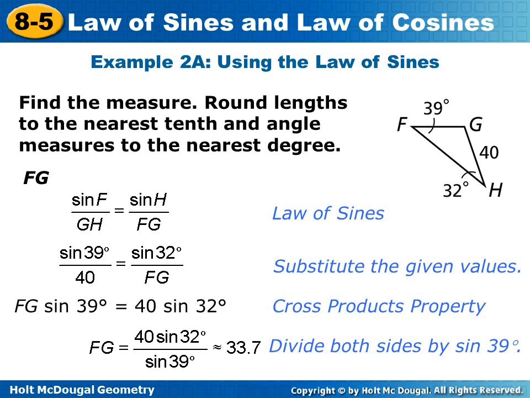Go ahead and plug that whole mess in your calculator. Just make sure that after the number 32, you close your parentheses, otherwise you'll get a completely different answer. So make sure that you have put parentheses around all of your degree measurements and then press enter, and you should get approximately 33.7. If you don't, double check your calculator entry, and if there's any problems you can show it to me in class and I'll see if I can figure out what you did wrong.